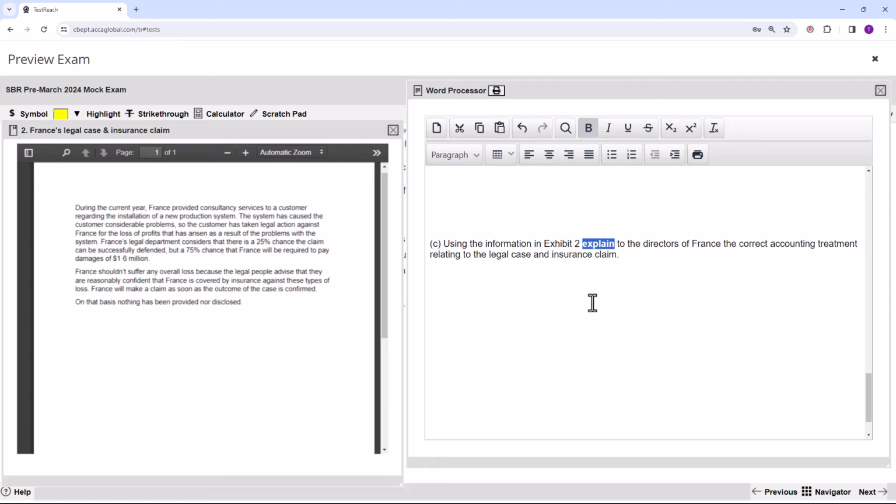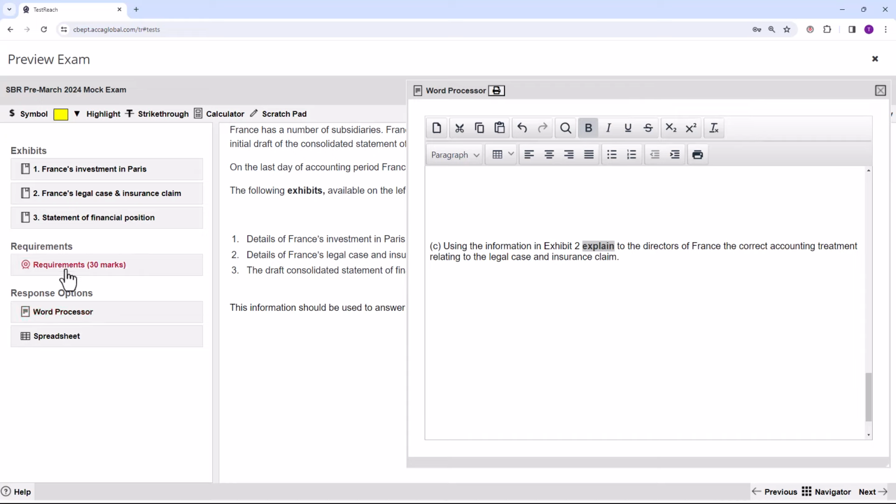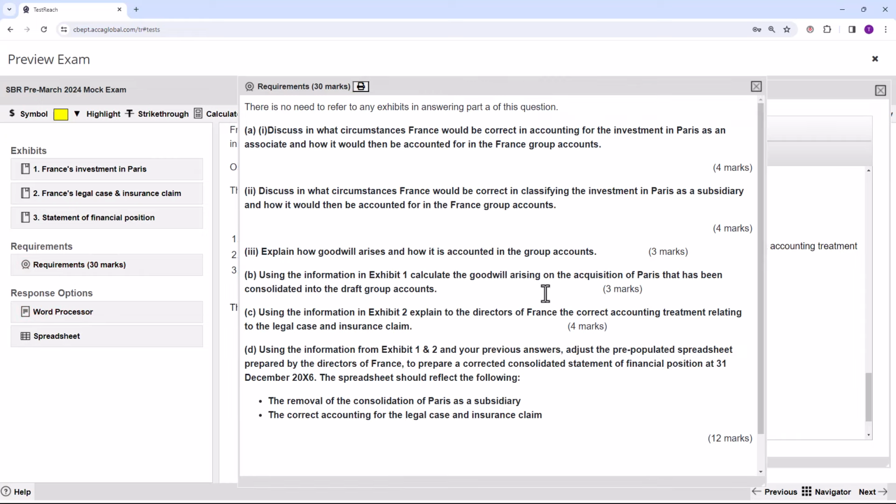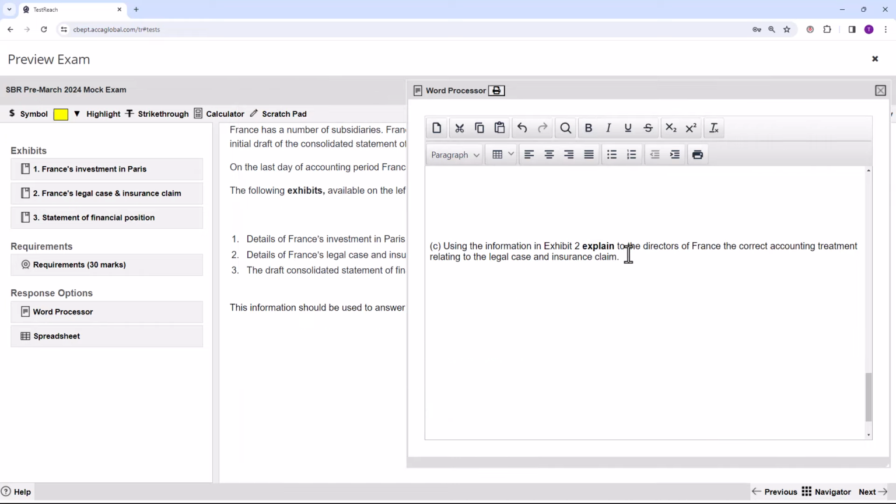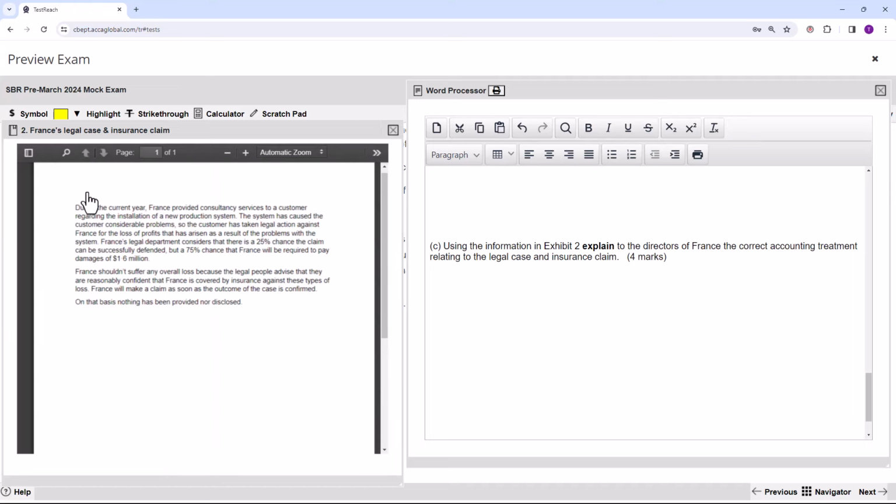And let me just go back and make sure that I understand how many marks we have got for this, because it's been lost. We have got here 4 marks. All right. So there are 4 marks available for what we're doing here. And that tempers my length of answer. So during the current year, we've provided some consultancy.